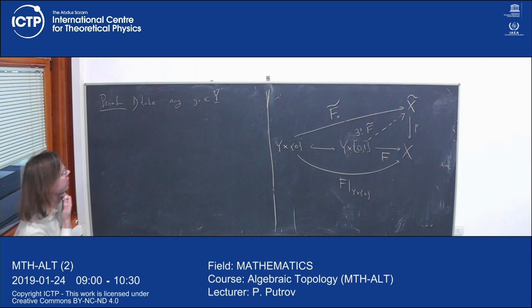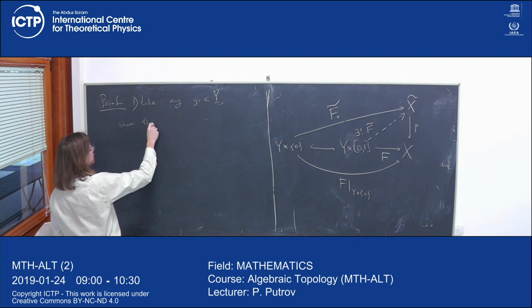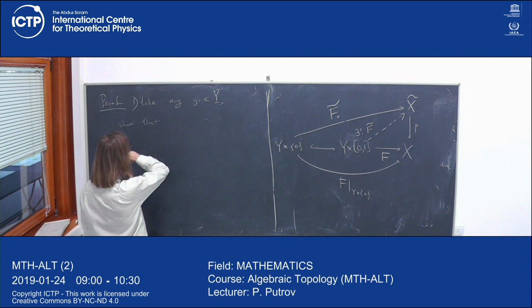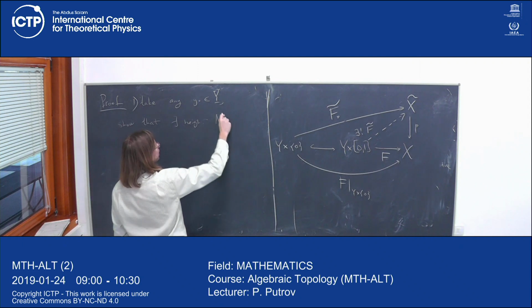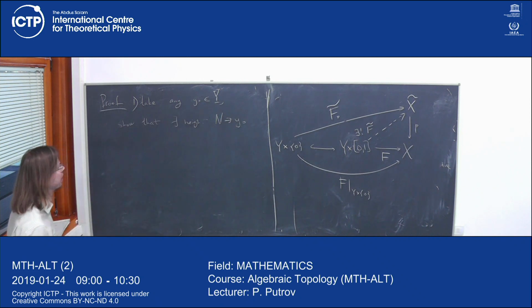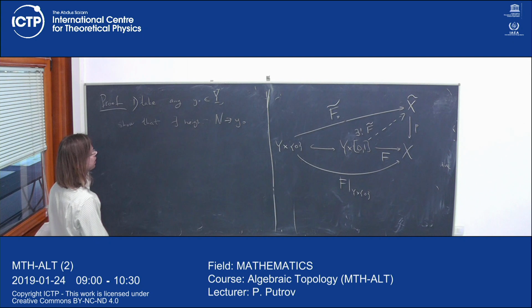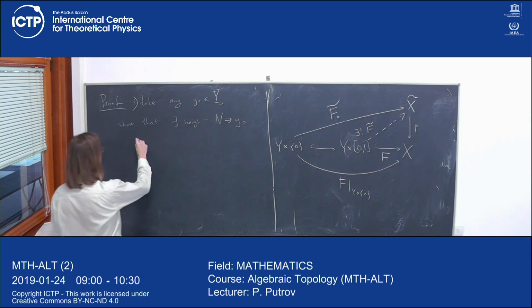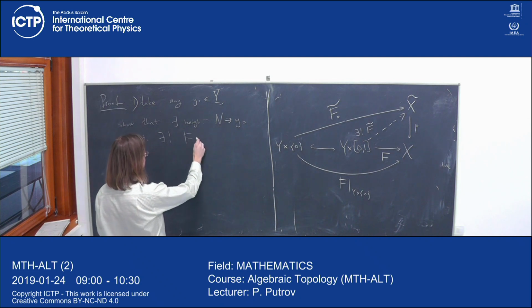Take any y0 inside Y and show that there exists a neighborhood N of this point such that there exists a unique lift, so we want to construct a lift restricted to this neighborhood.